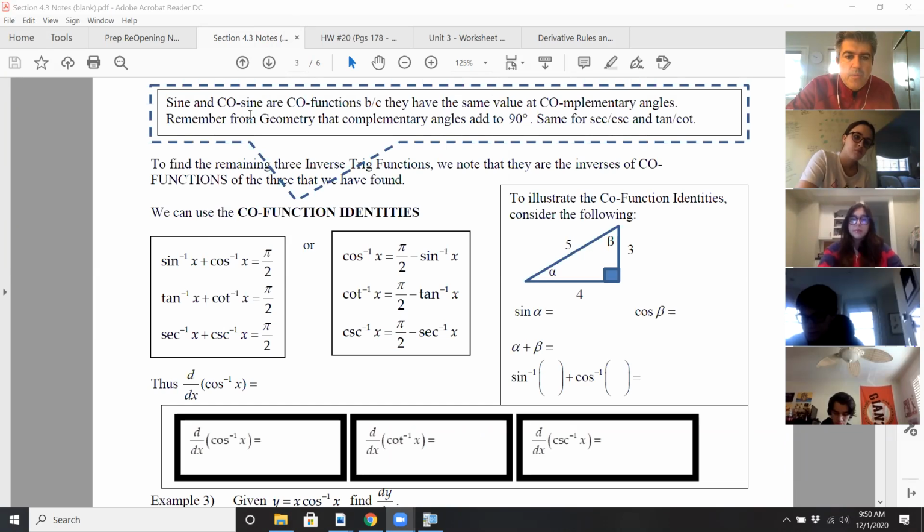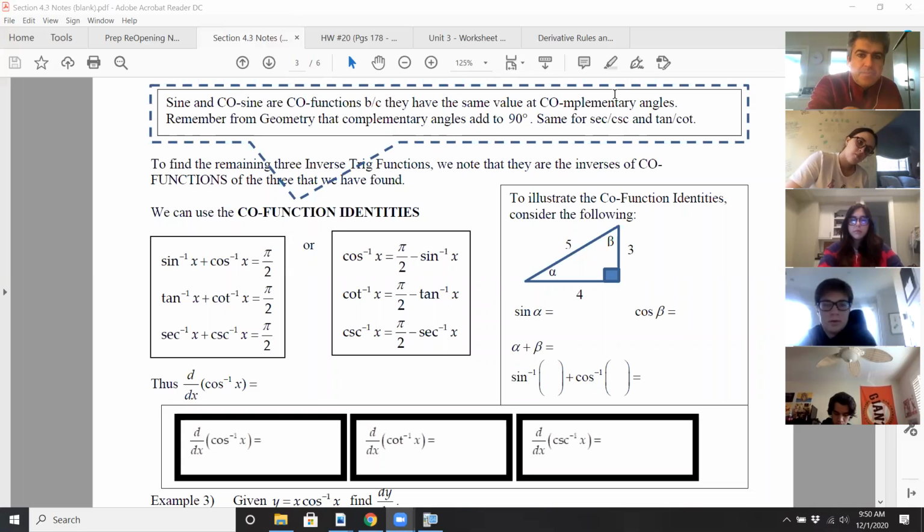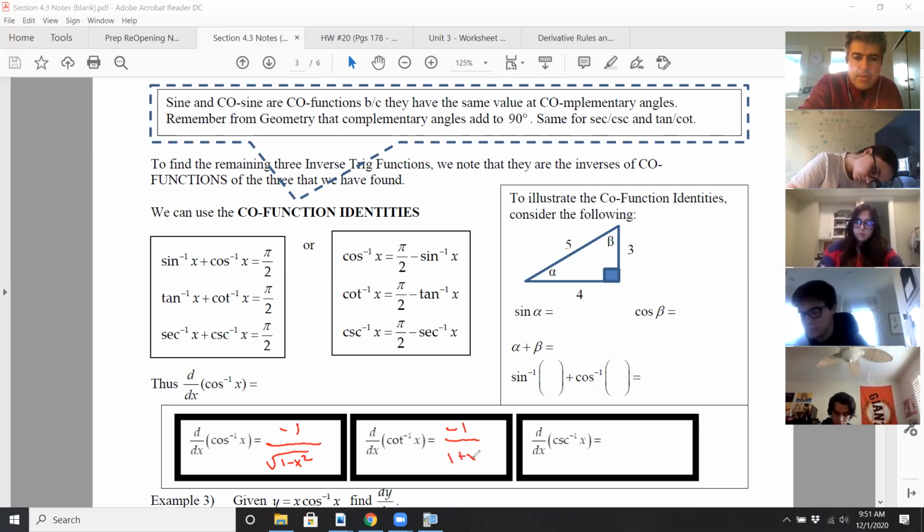So what about inverse cosine, inverse cotan, inverse cosecant? Well, let me give you the formulas right now and explain why they are the way they are. This will be negative 1 over root 1 minus x squared. This will be negative 1 over 1 plus x squared.